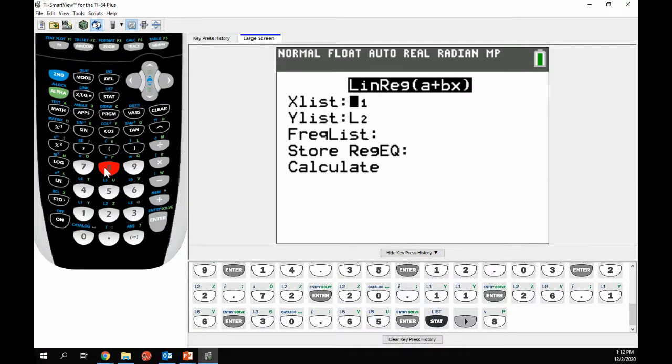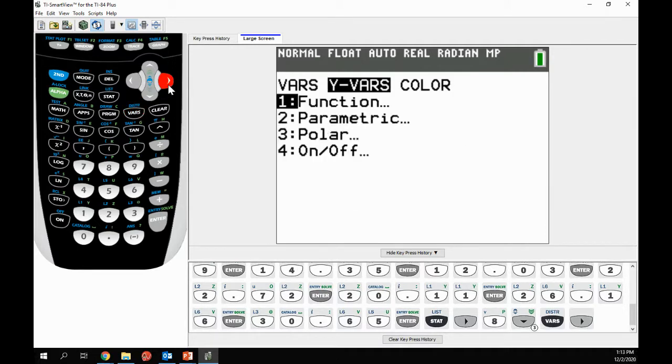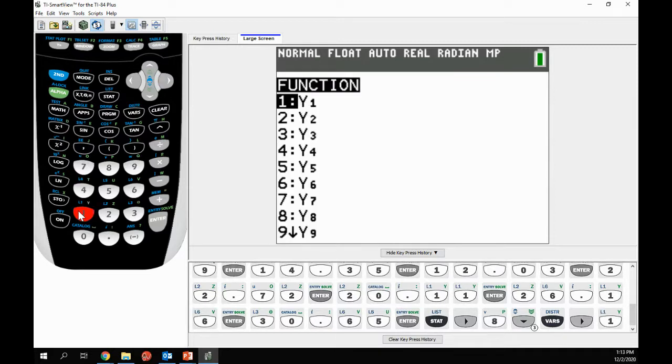We're going to draw the scatter plot when we get it. Scatter plot and the regression line. And then we want to store the equation into y1. So vars, function, and y1.